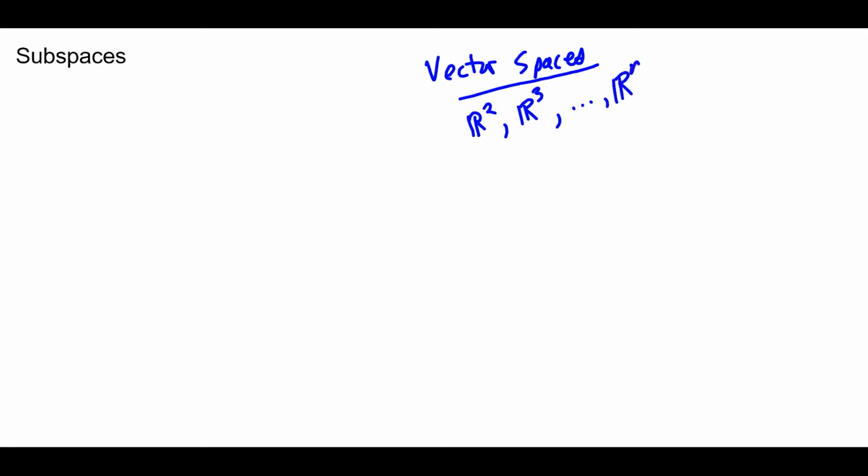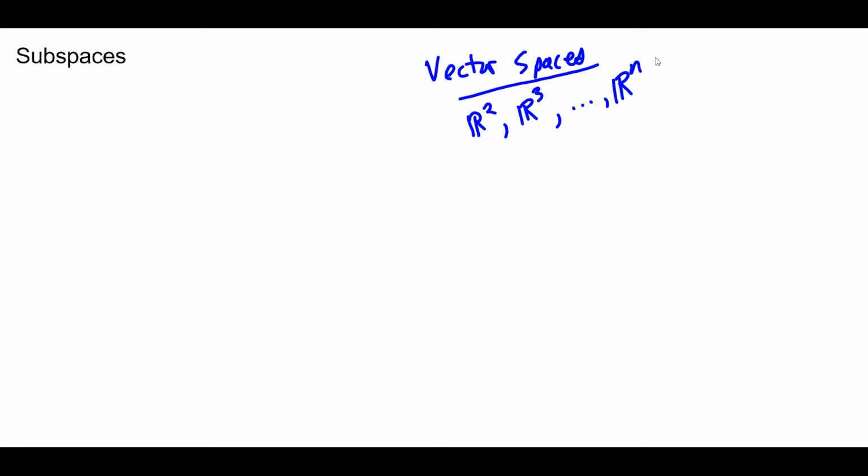So we have what's called a vector space, and we already know a bunch of vector spaces. They're just these sets of vectors that we're familiar with: R2, R3, R sub n, or R sup n. And these are sets of vectors that have very nice properties.